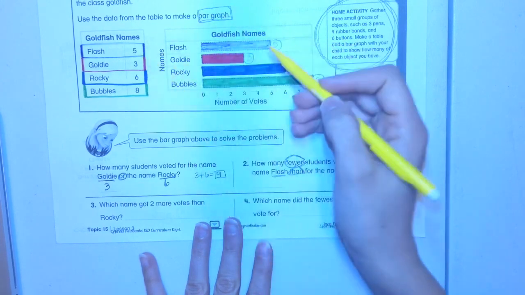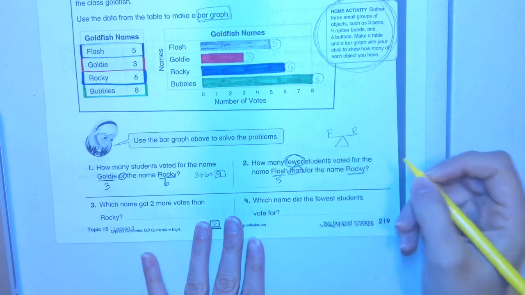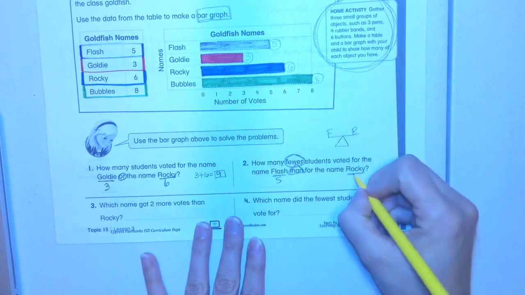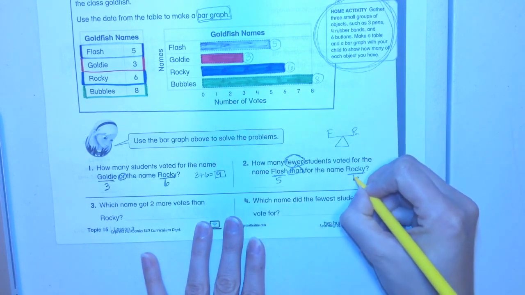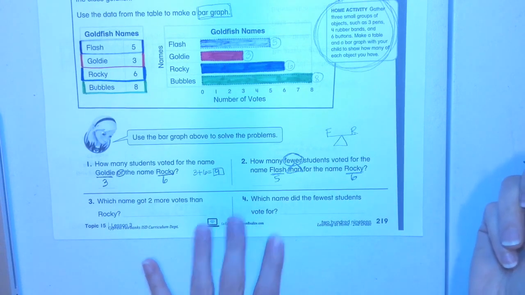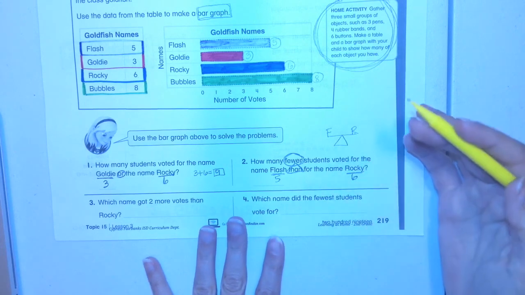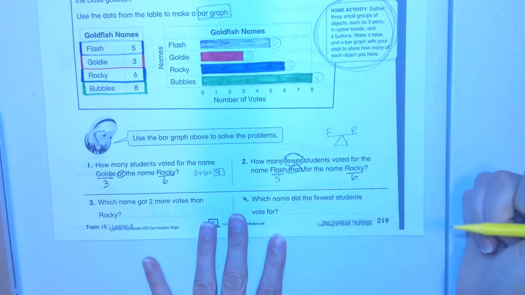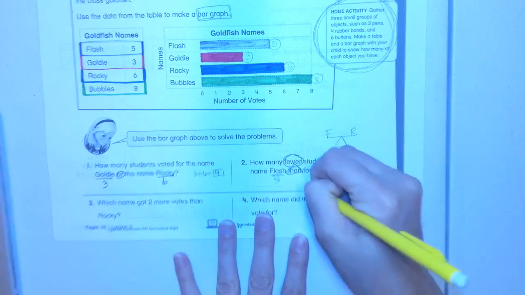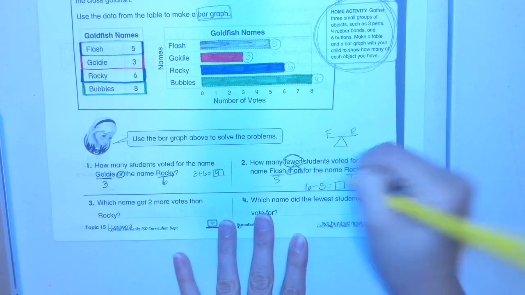So we're going to figure out Flash's number. Again, we have to look at our table or our graph. It's the same information, it's just organized a different way. And we know that Rocky has 6. Once again, I'm putting my numbers by the name so I don't get them confused. Now, when I'm subtracting or comparing, I have to figure out which number I need to put first. I'm going to subtract 6 minus 5 equals box.